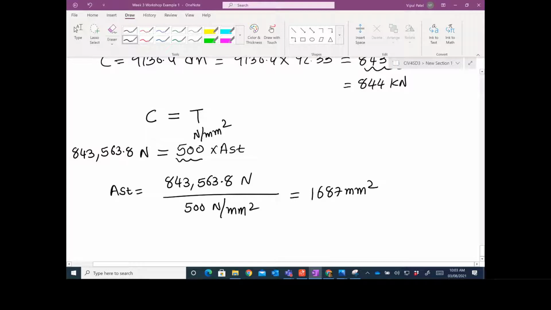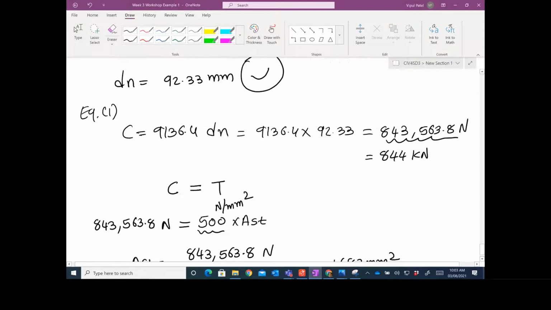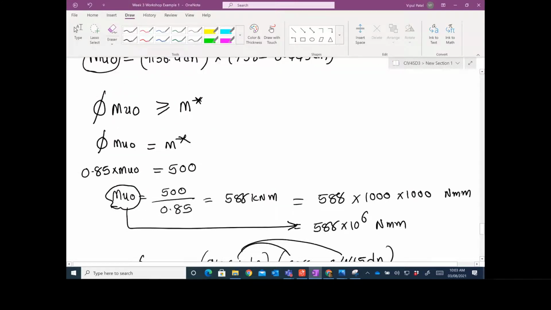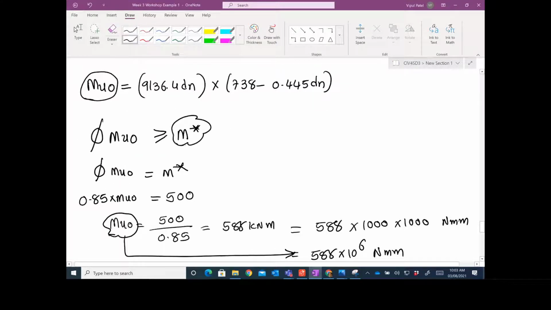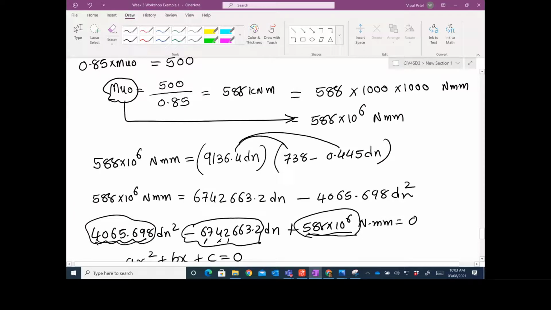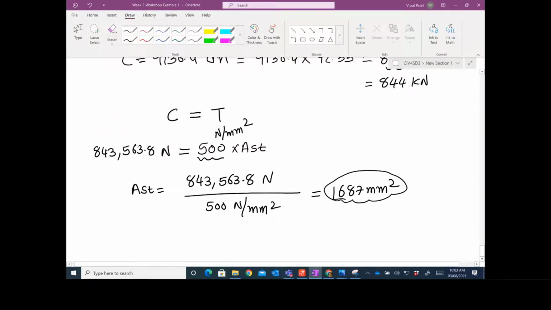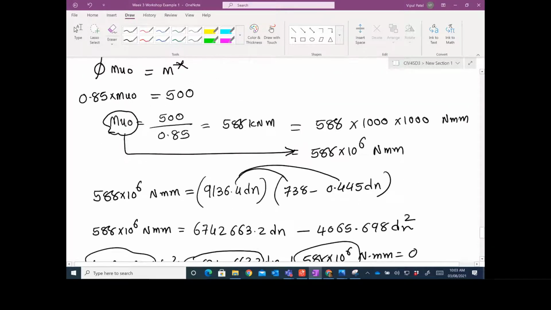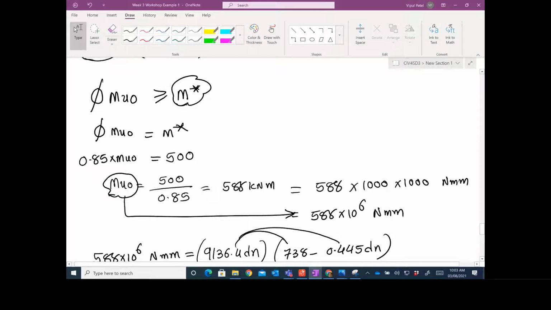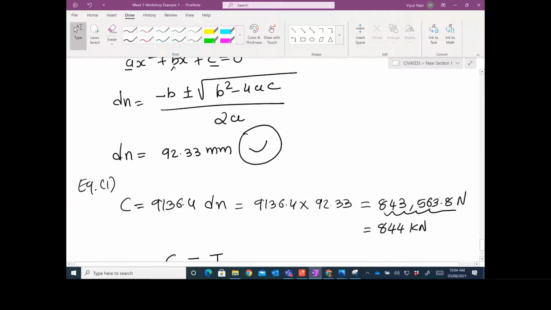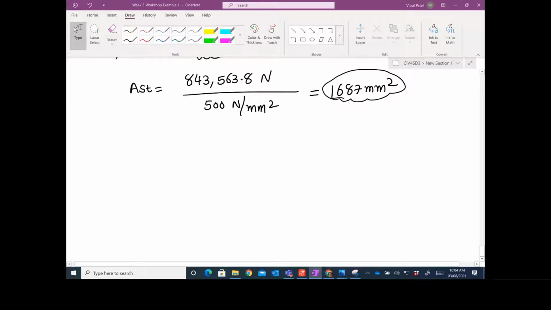This AST means the tensile reinforcement that you require to achieve these moments. So if you put 1687 millimeter squared area or more, you will be able to achieve the M star value or more. Okay, so that is good. AST we found, the longitudinal reinforcement.